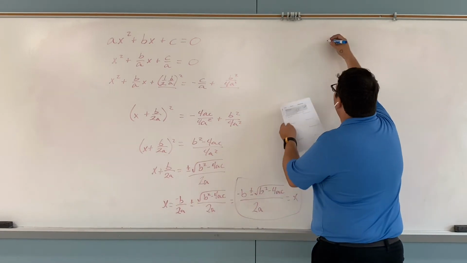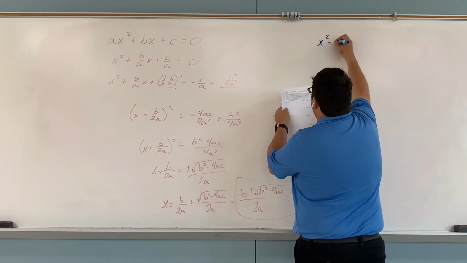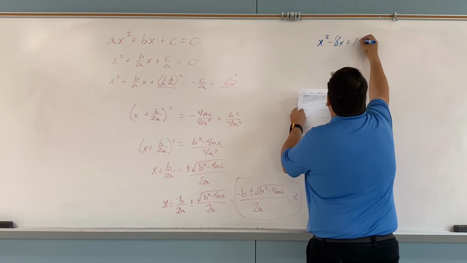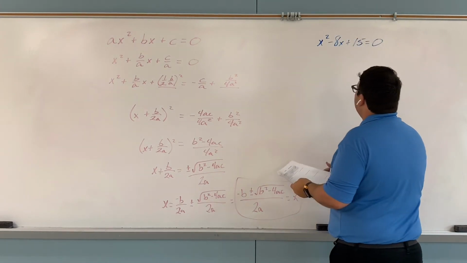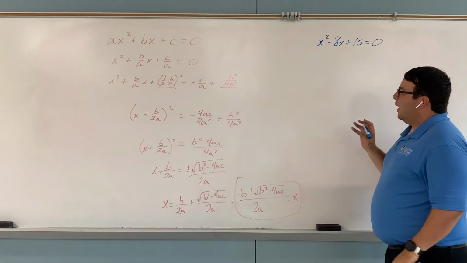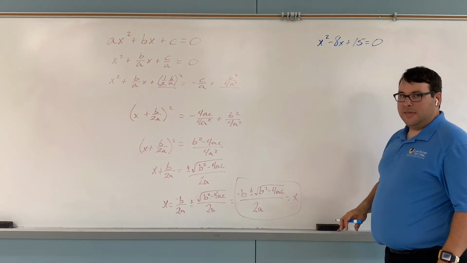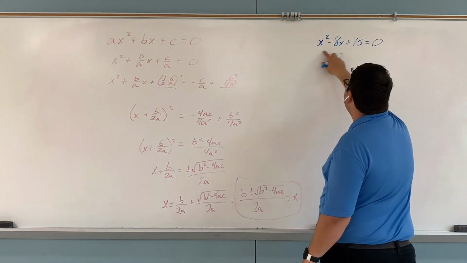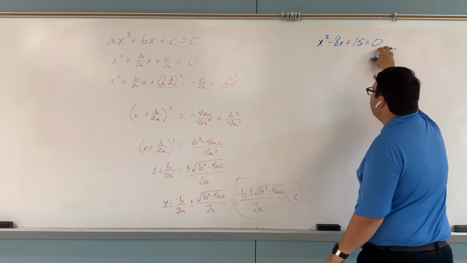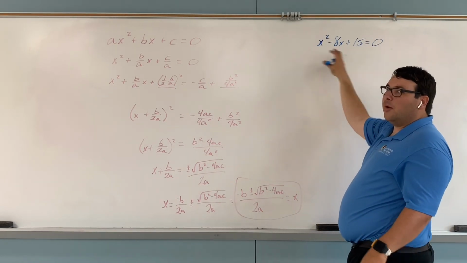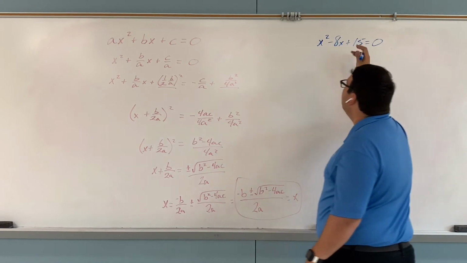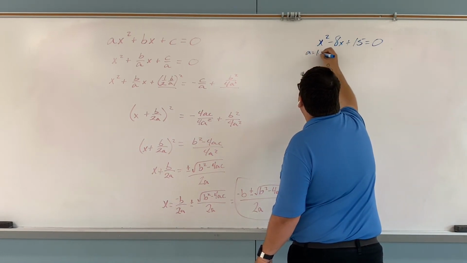Now, the first problem is x squared minus 8x plus 15 is equal to 0. I need to identify a, b, and c. So I am in descending order. I am equal to 0. I have to be in that standard quadratic form, which I currently am. A is 1.